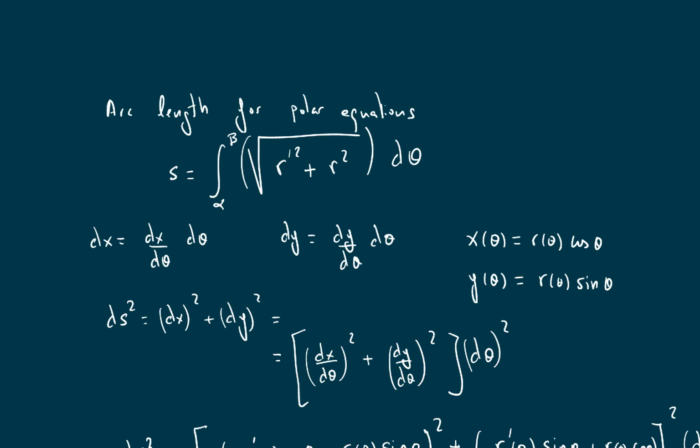So for the arc length, the equation that you will use, you know who is r of theta. Maybe r of theta is the cardioid, 2 times 1 minus cosine of theta. So to find the total length of the cardioid when you travel through the line, you will take the square root of r prime squared, so you take the derivative of this function, plus r squared, you take the square of this function.